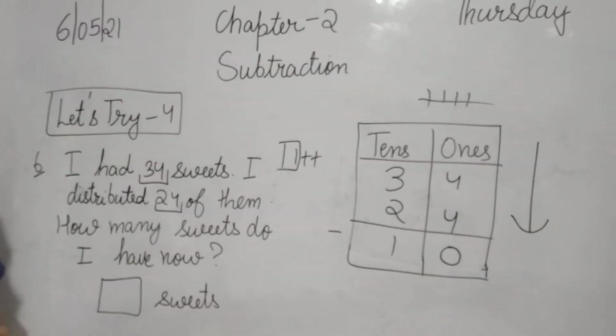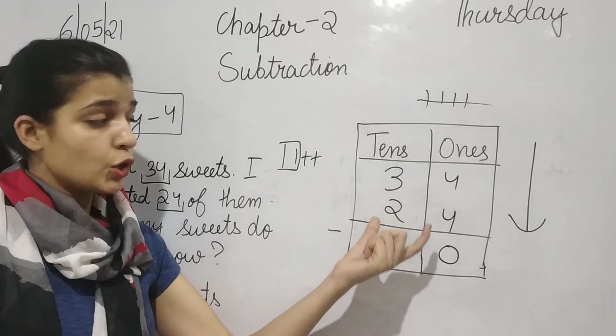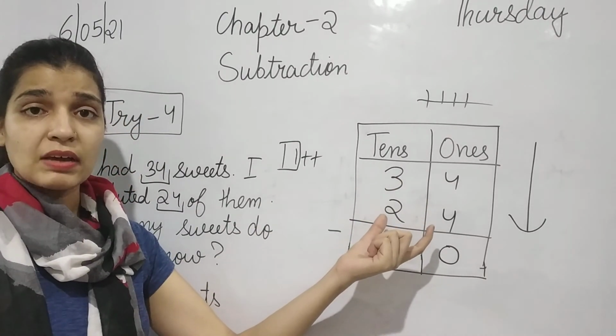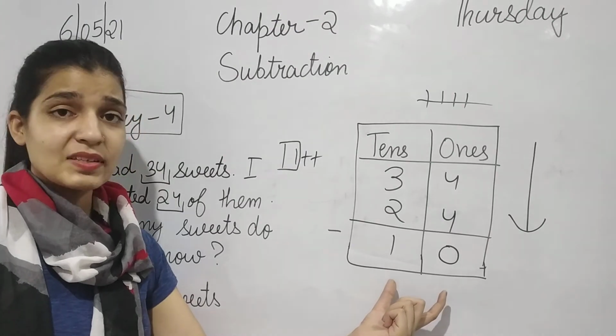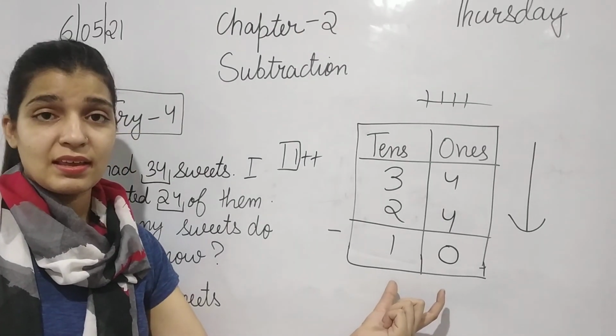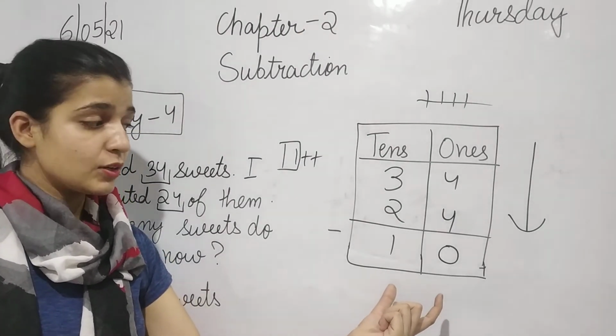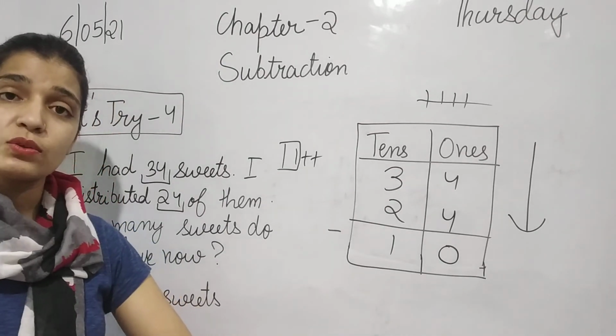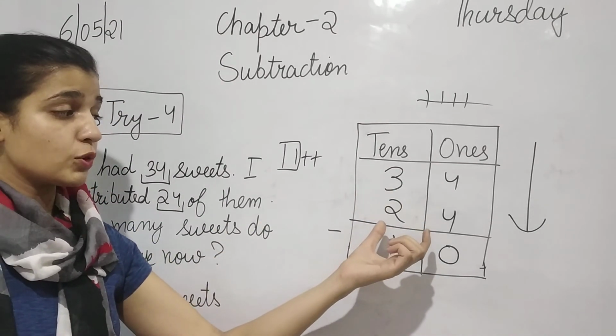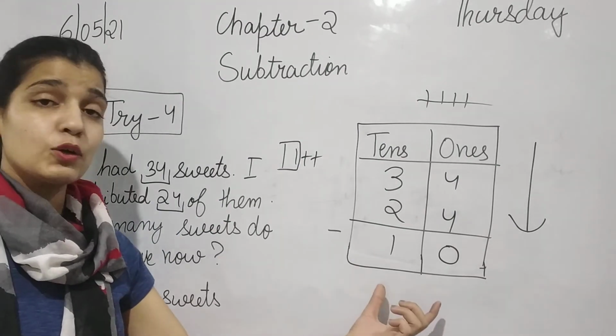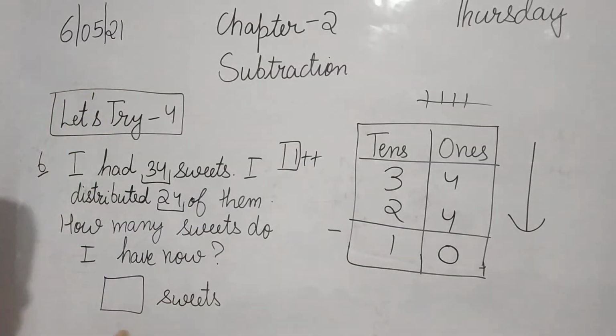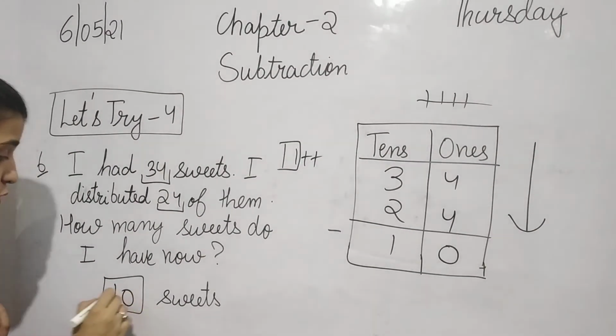It means out of 34, if we will give 24 sweets to someone else, right? So हमारे पास कितने बचेंगे? 10 sweets we have. हमारे पास अब कितने हैं? 10 sweets. अगर हम किसी को देंगे 34 में से 24 sweets, तो हमारे पास कितने बचेंगे बेटा? 10 sweets बचेंगे. So we can write now we have 10 sweets.